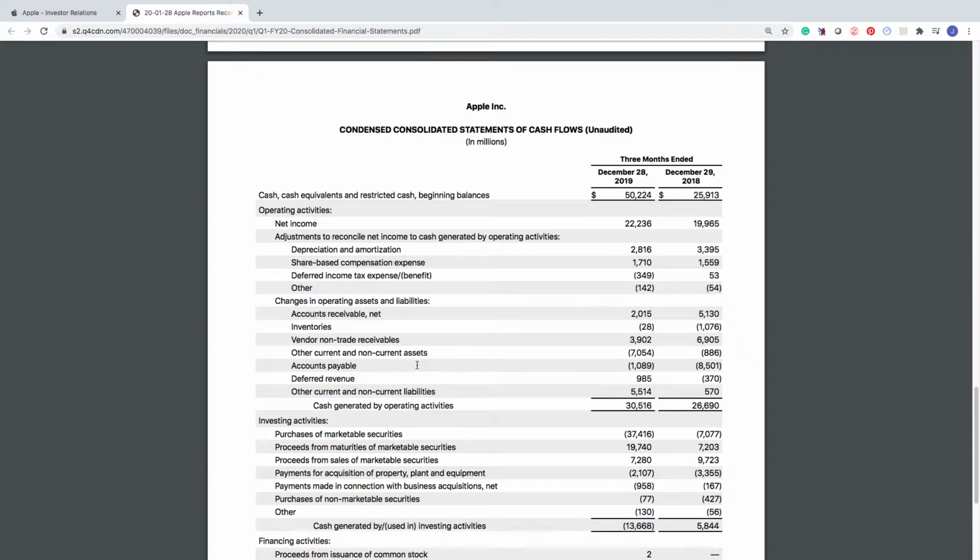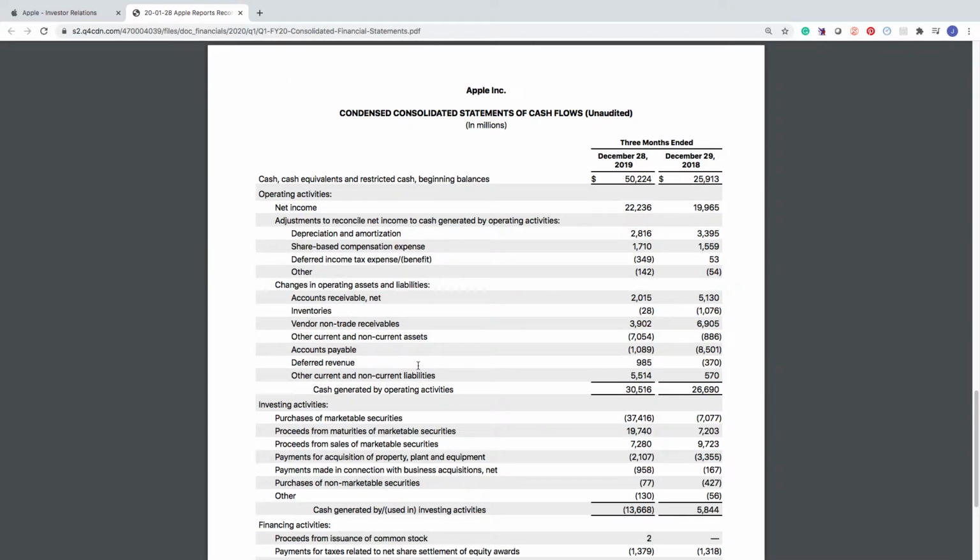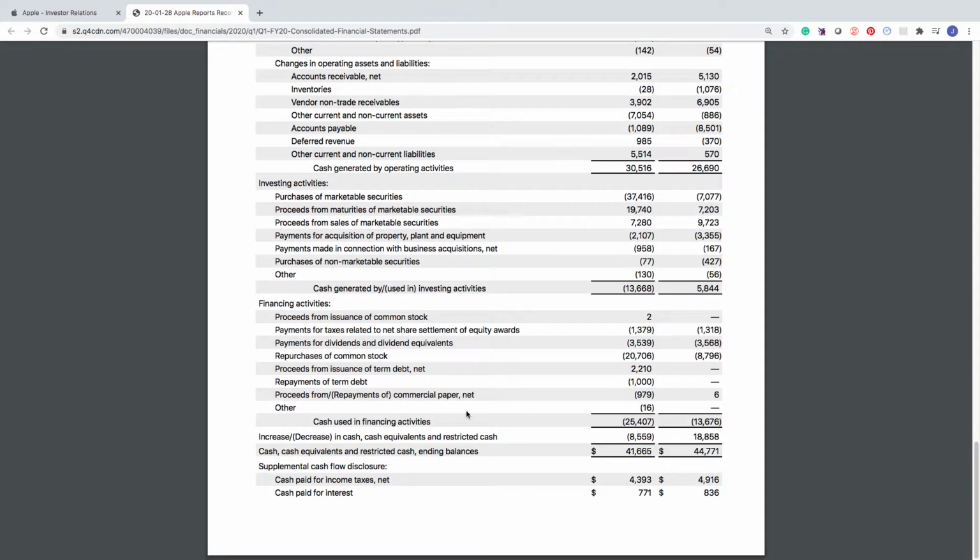So, what this report actually shows us is what are the different activities that Apple has done during the course of this year that has moved cash in and out of its bank accounts. And the goal of this report is to add up all of those activities that have moved cash in and out of Apple's bank accounts to give us one net number, which you will see right here, called increase decrease in cash equivalence.